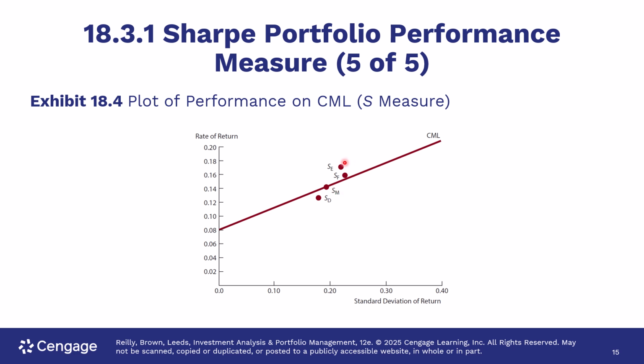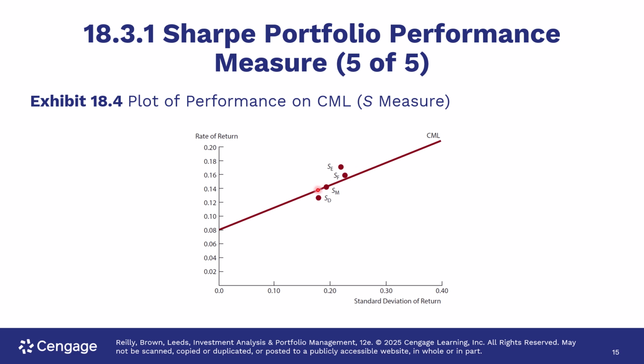The Sharpe ratio for fund managers E and F on the previous slide were both higher than the Sharpe ratio for the market. Fund manager D had a lower Sharpe ratio, right? So if we were ranking these, fund manager E would be first place, relatively speaking. Fund manager F would be second place.